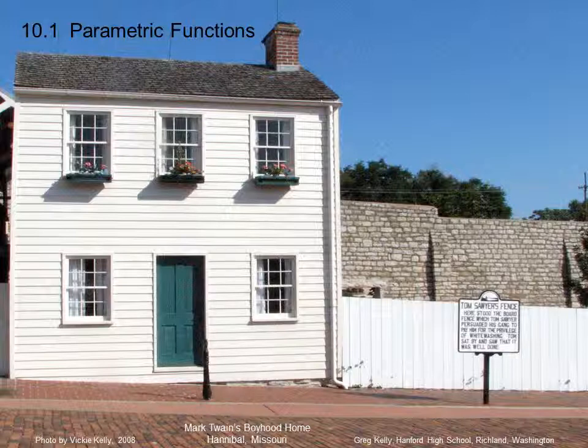And to the right, we see the location of the famous fence that he used in his story. In the background is a stone wall that was built by the Civilian Conservation Corps in the 1930s to act as a fire break to protect the house from a possible fire at the lumber yard in the next lot.